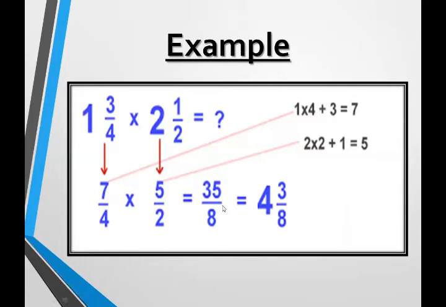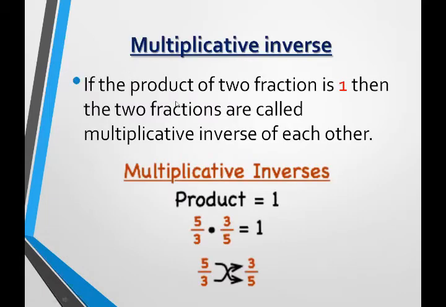Okay. Let's take the review of multiplicative inverse. What is multiplicative inverse? If the product of two fractions is 1, then the two fractions are called multiplicative inverse of each other. Check this example for more clarification. 5 over 3 and 3 over 5 are both inverse to each other.